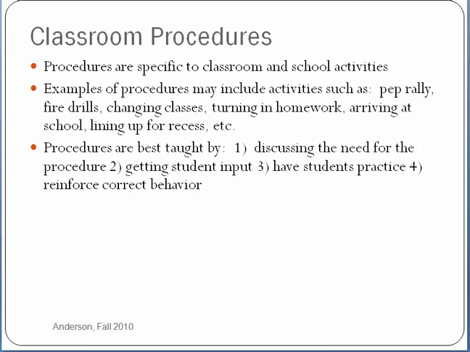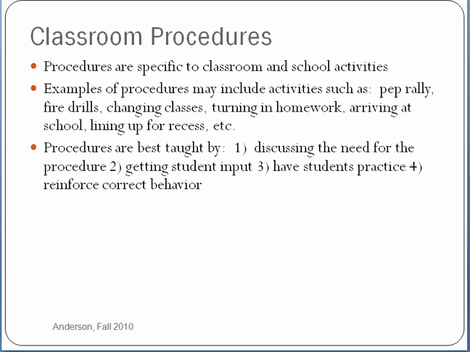The next thing that we're going to talk about in this chapter are the classroom procedures. Classroom procedures are a little bit different because these are related to specific activities. Some examples of procedures are pep rallies, fire drills, passing periods when they're changing classes, rules for turning in homework. What are the students expected to know when they come in with their homework? Procedures for arriving at school, things like lining up for recess.